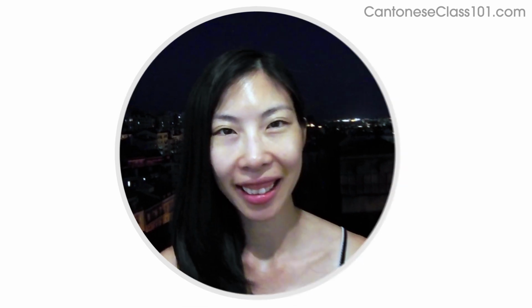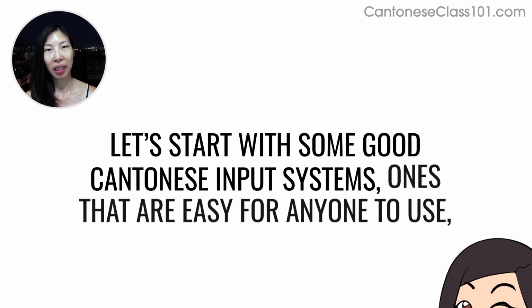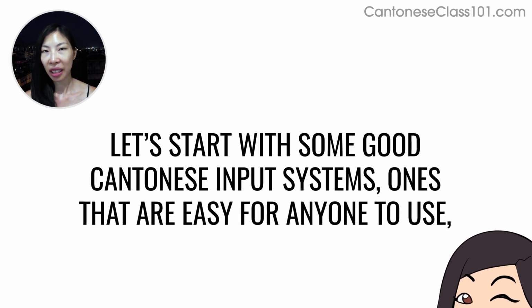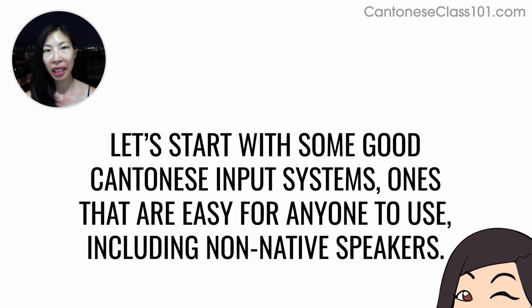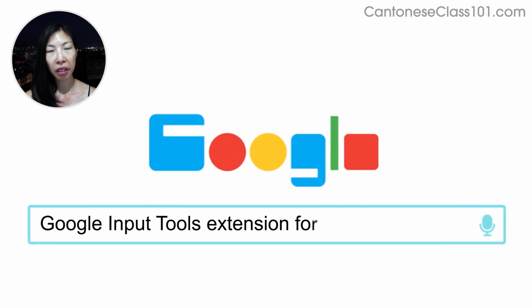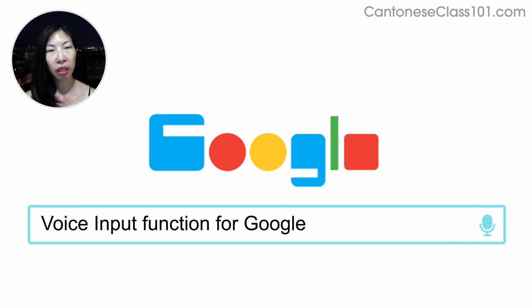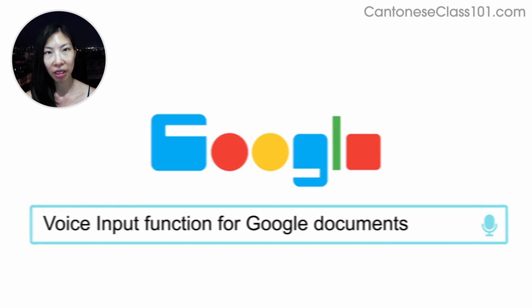Let's start with some good Cantonese input systems, ones that are easy for anyone to use, including non-native speakers. The Google Input Tools extension for Chrome browser is a good and easy way to type Cantonese characters. Alternatively, the voice input function for Google Documents used on the Chrome browser is also a very efficient tool for typing Cantonese characters.